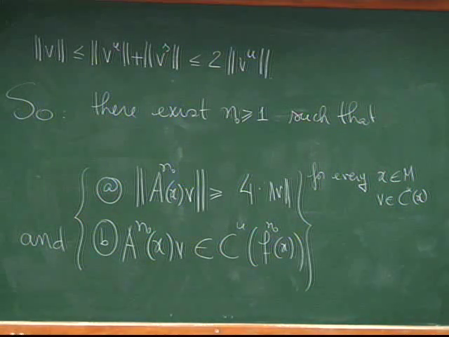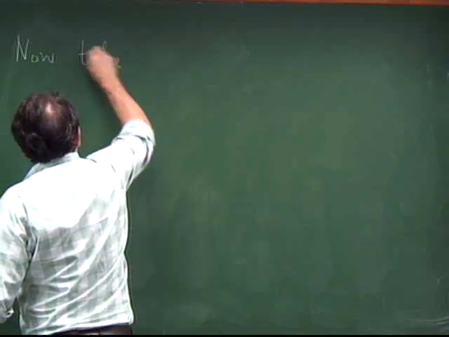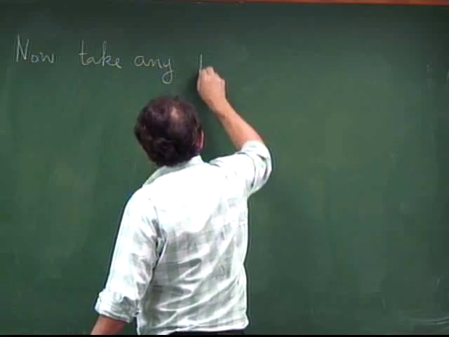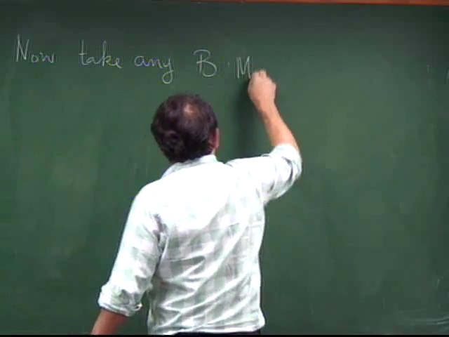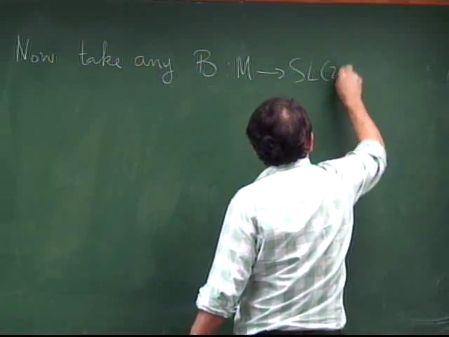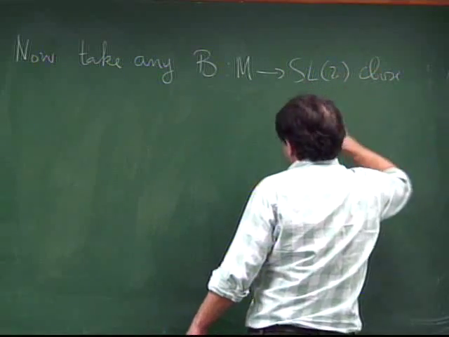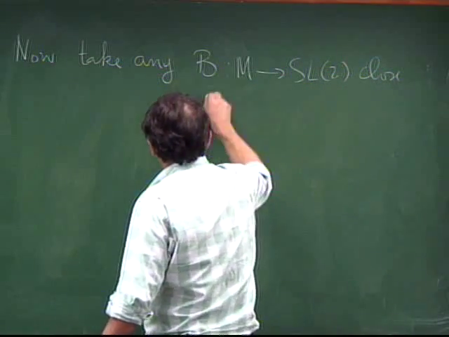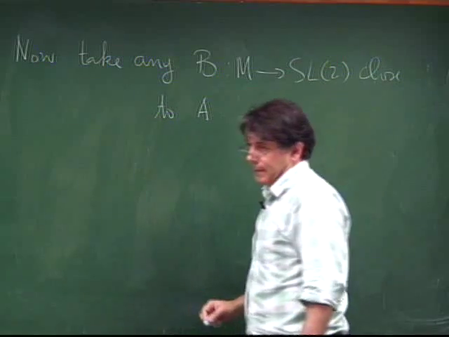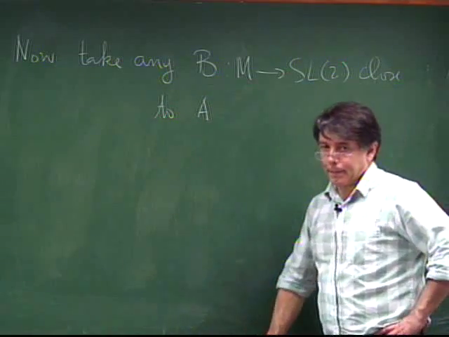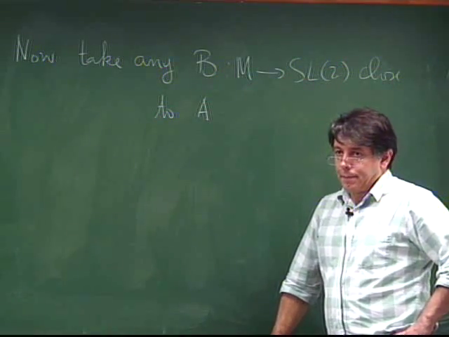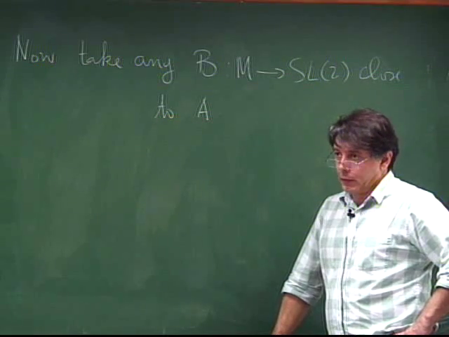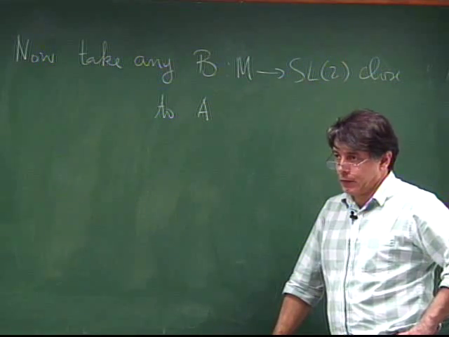Okay? Now take any B close to A. Uniformly close, in that topology.